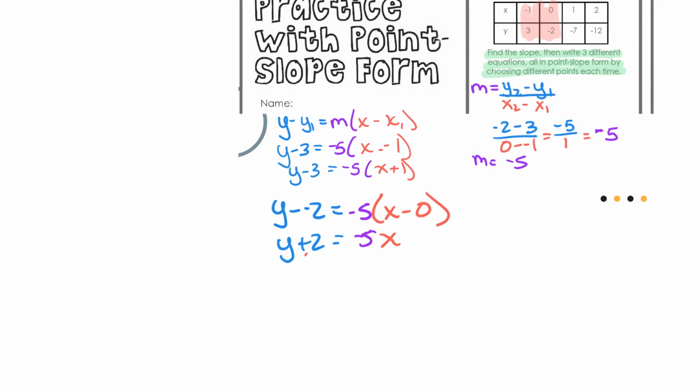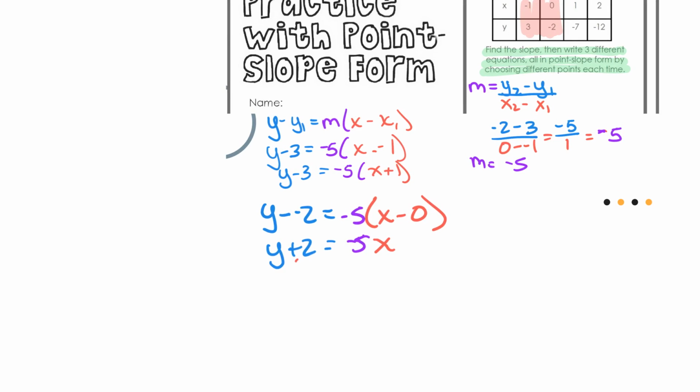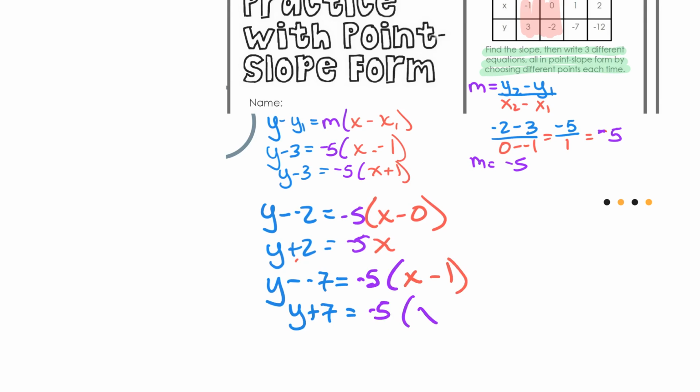And then my next coordinate point, 1 and -7, I can write y minus -7 is equal to -5 times x minus 1. So I simplify that as y plus 7 is equal to -5 times x minus 1. So there's 3 different equations that we can write from this data table.